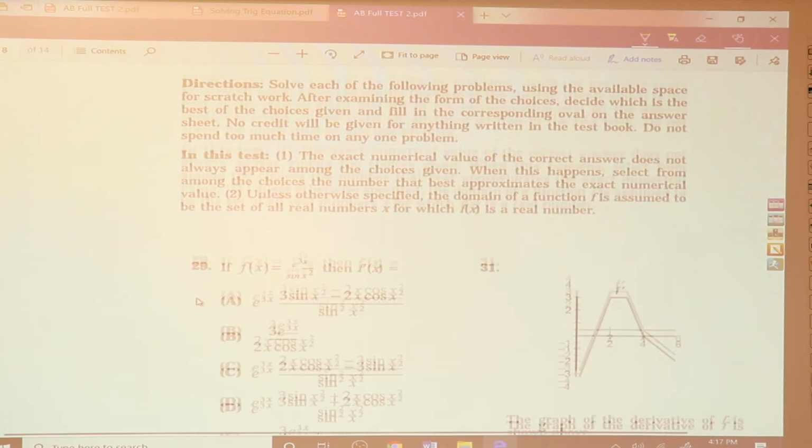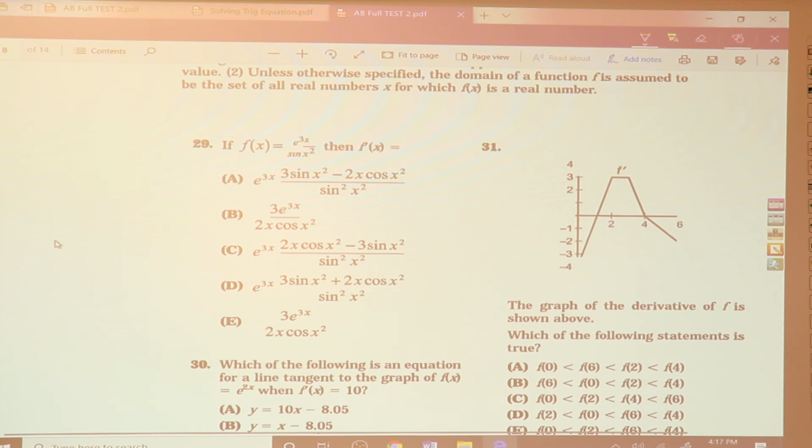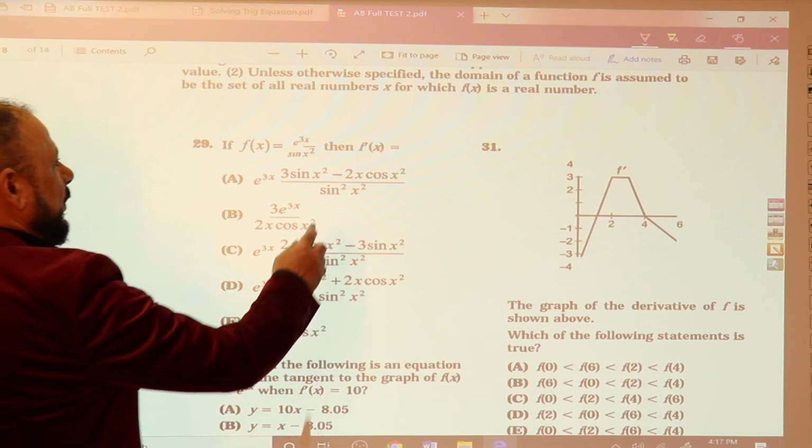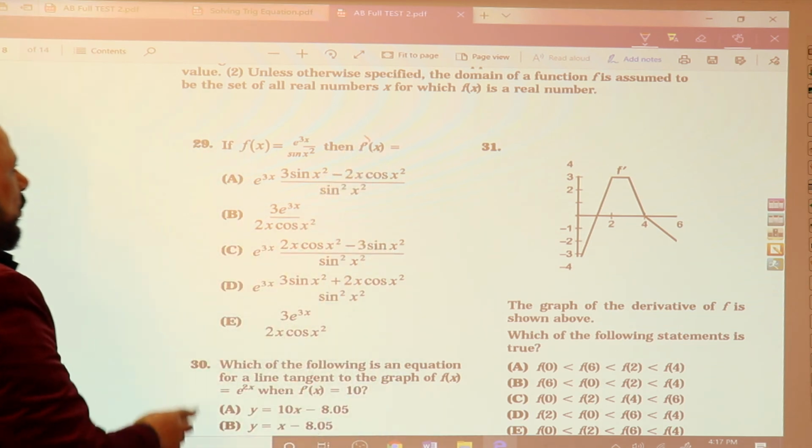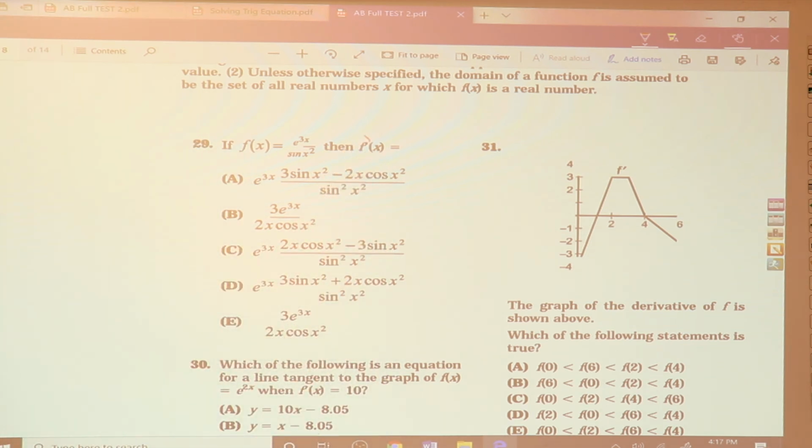Now let us start to see the second part of our problem. Number 29. If x equals 3, find the derivative. He wants me to find the derivative of this guy.